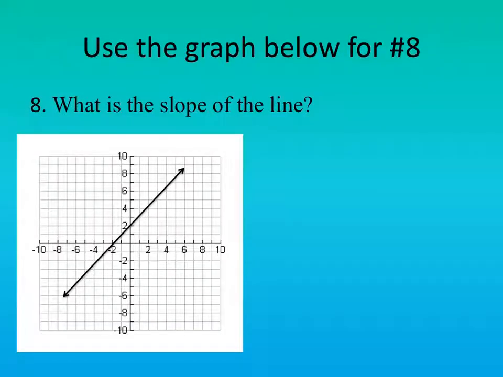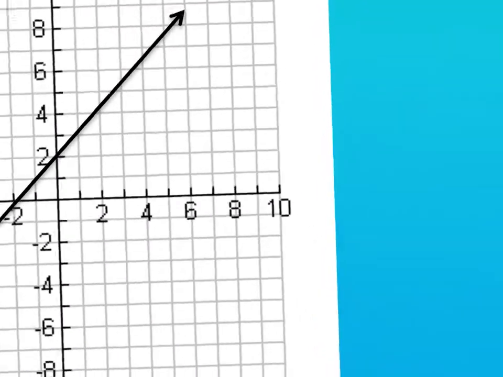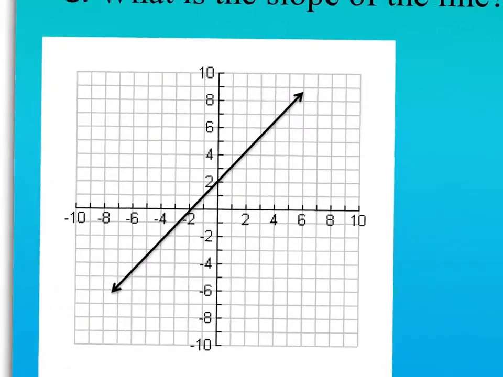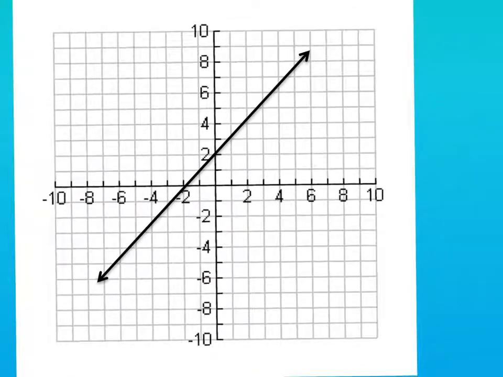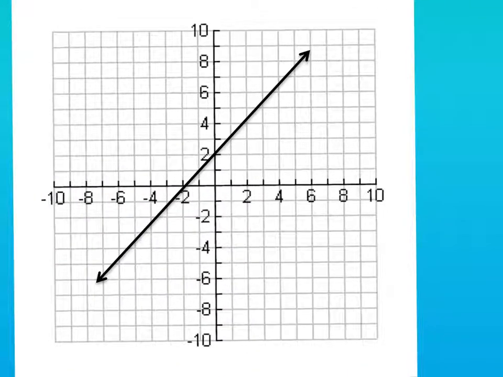For number 8, it says use the graph below. What is the slope of the line? So again, all I'm going to have to do is look and count. Let's see what happens when I zoom in. Well, remember, your slope equals rise over run. So how much am I rising and running? Well, I'm going up 1 and over 1. Up 1 and over 1. Up 1 over 1.